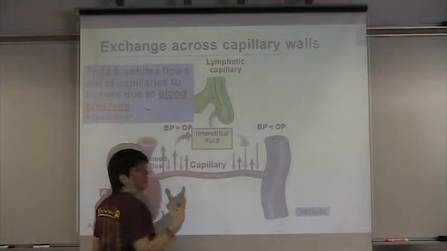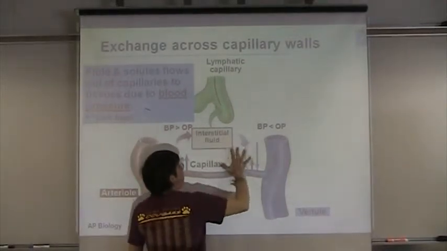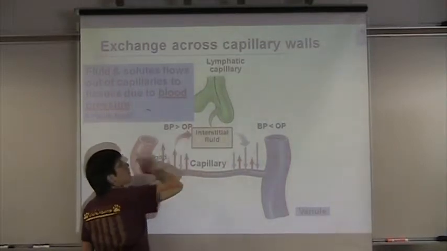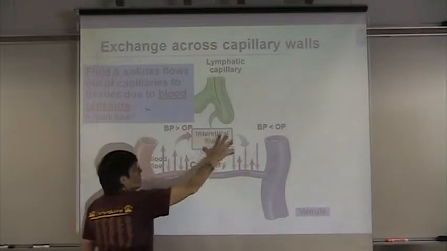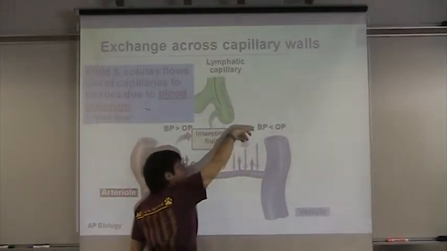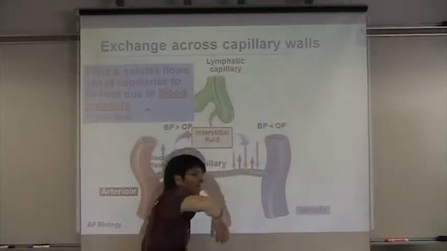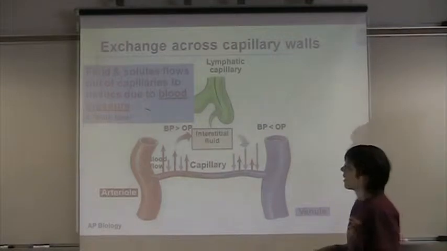Inside the capillaries, that becomes basically a hypertonic solution, and outside the capillaries, because of all the liquid that diffused out by pressure, here you have a hypotonic solution. So what's going to happen? Basically, water is going to diffuse back into the capillaries.